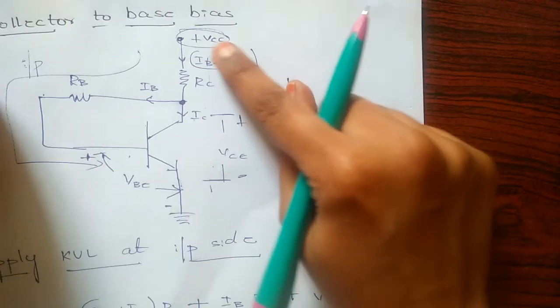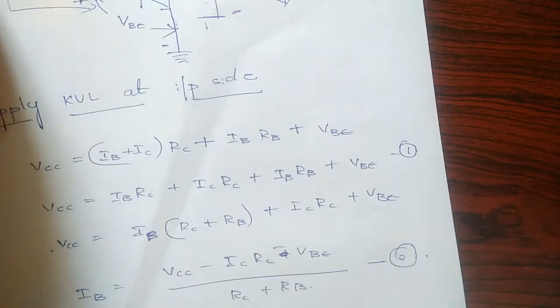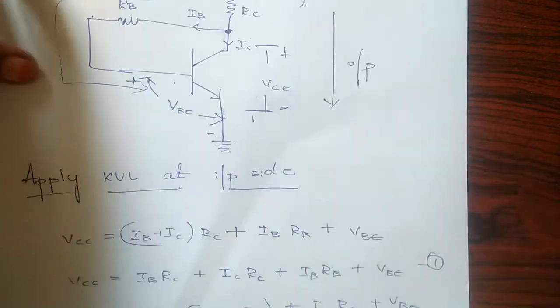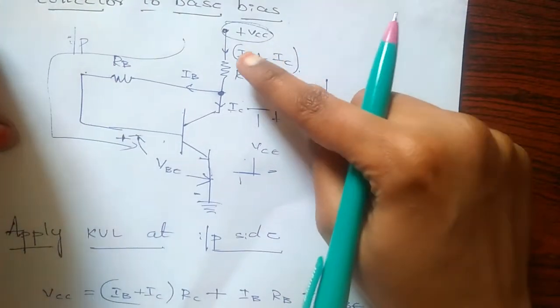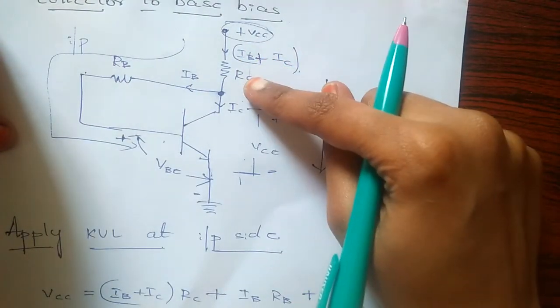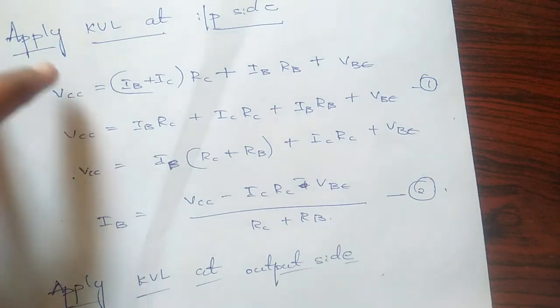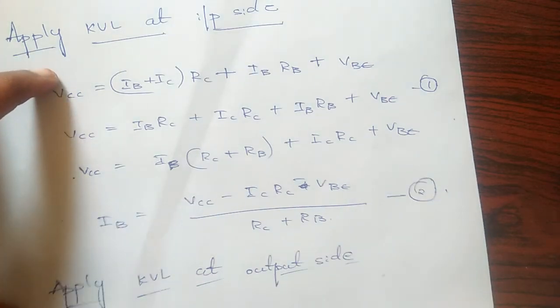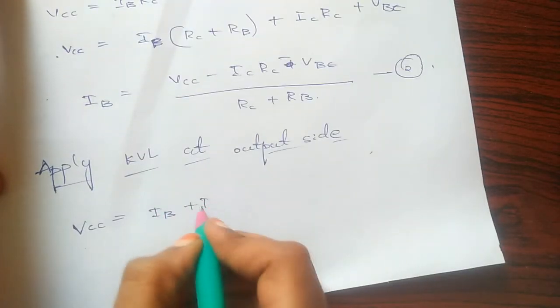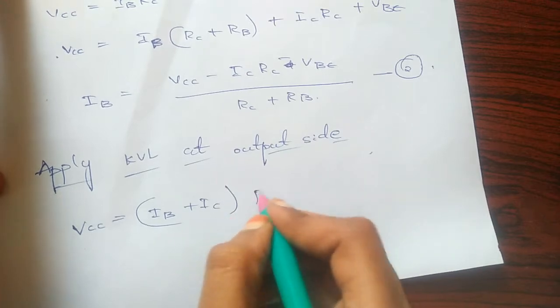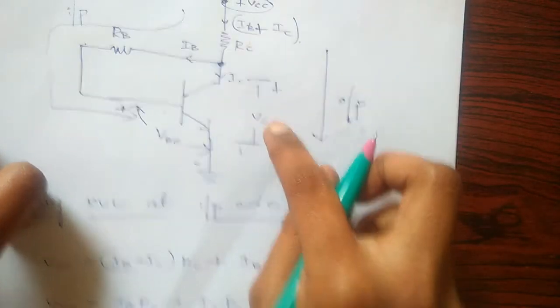At the output we have plus VCC, which is equal to, again, IB plus IC into RC, plus VCE.